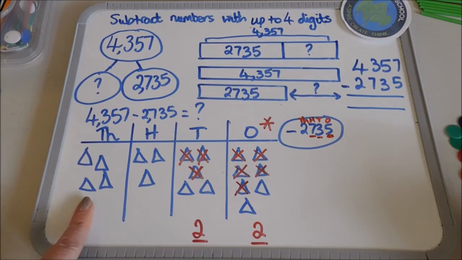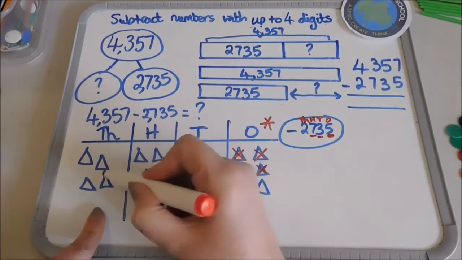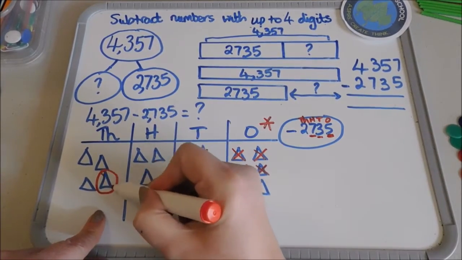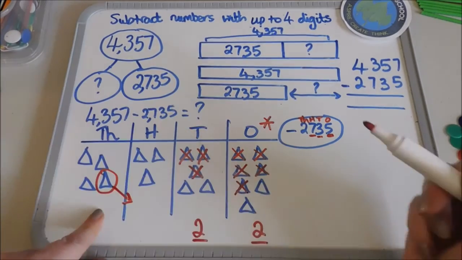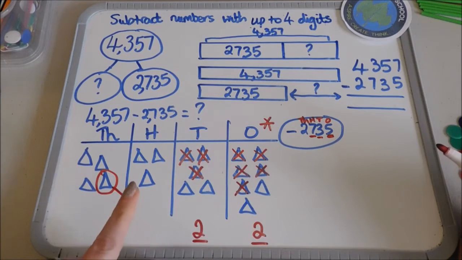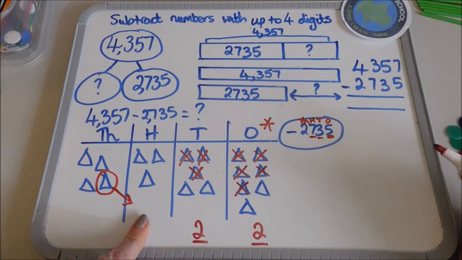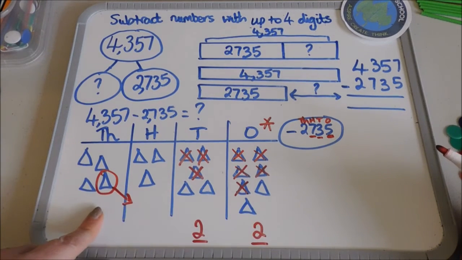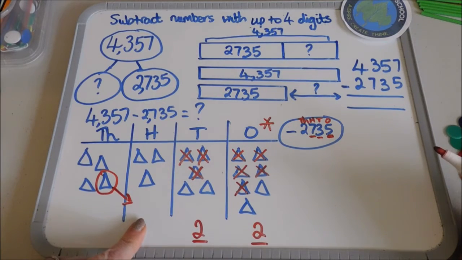So what I'm going to do is I'm going to exchange from the thousands. I'm going to bring 1,000 over, but I need to show it as hundreds. Okay, so 10 lots of 100 is the same as 1,000. 10 times 100 is 1,000.